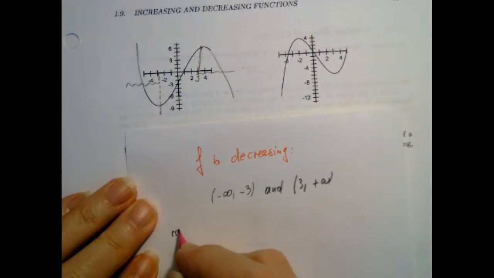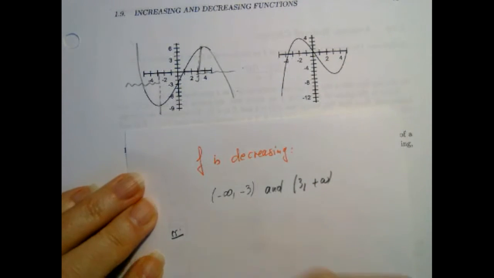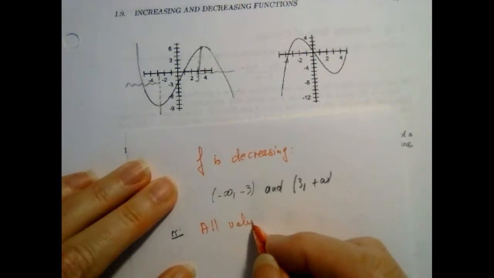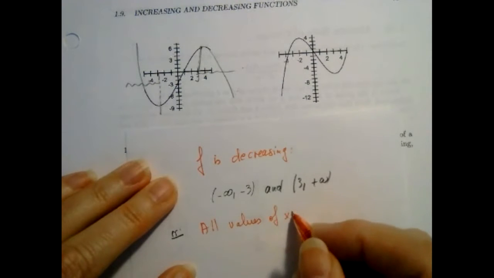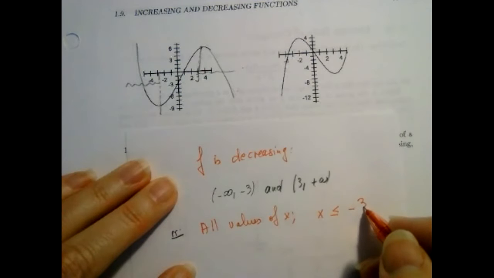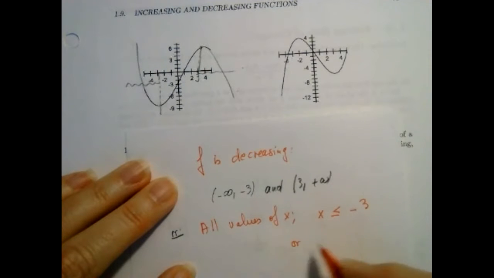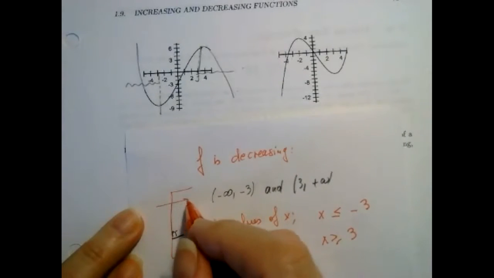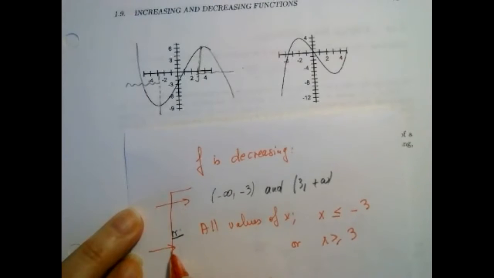Or you can say, as I did last time, for all values of x that has the property x less or equal to -3, or x larger or equal to 3. Okay, so you can either give me an interval notation, or you will have your choice. You can write it in words, whichever you're more comfortable with.